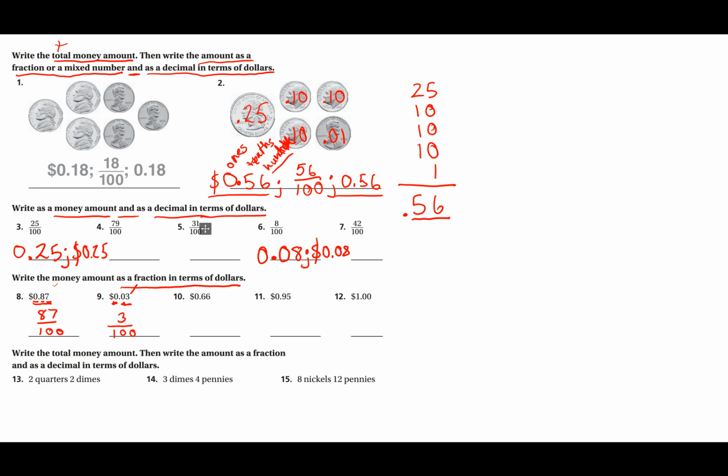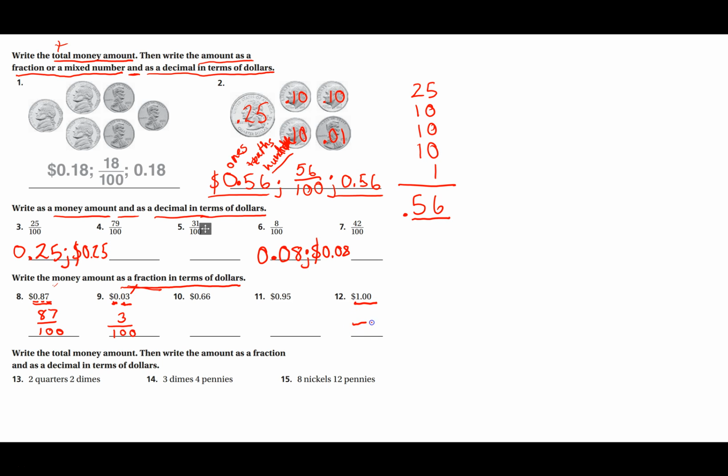Now let's jump over to number 12, because the most common error is to say, okay, that's one whole, right? We have 1 in the ones place, so it's just 1. Now, I agree with you, it is 1, but they do want you to write it as a fraction, and 1 whole is not a fraction, okay? So we don't want to leave it as 1 whole.